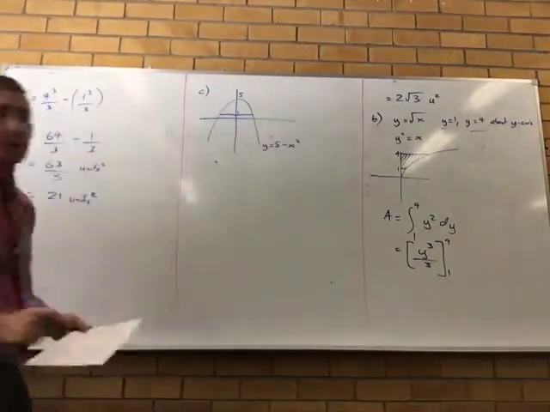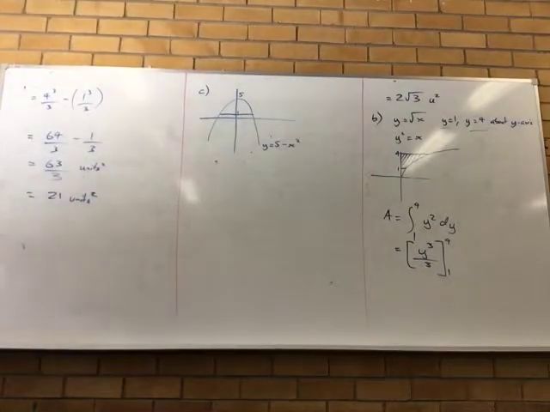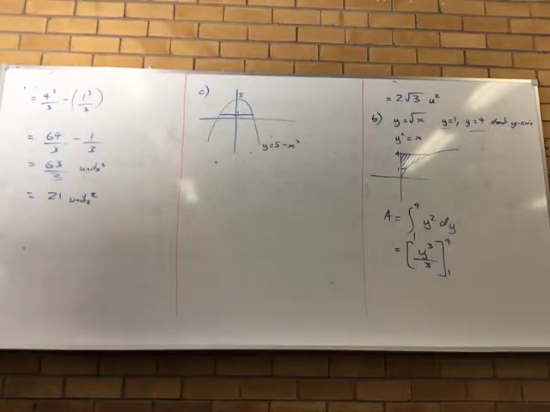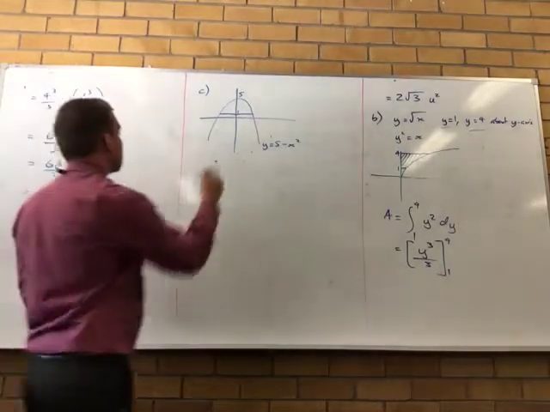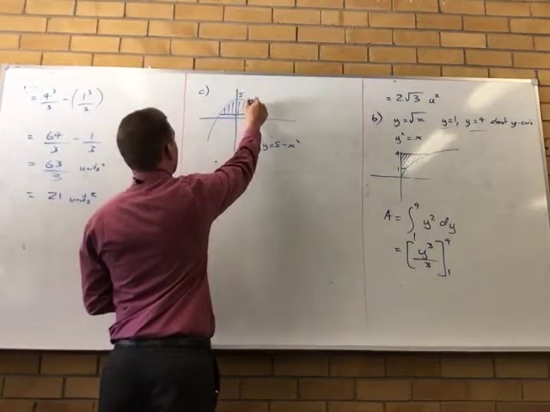So we've got that bound, y equals 1, and the turning point for y equals 5 take away x squared. We need to find that area there.